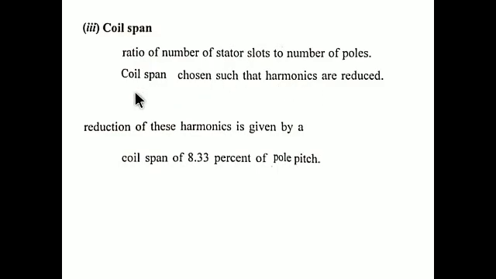A proper selection of coil span reduces harmonics formation. It is given as a percentage: a coil span of approximately 8.33 percent of pole pitch means we can achieve the reduction of harmonics. So a proper value of coil span is a must for reducing the harmonics.